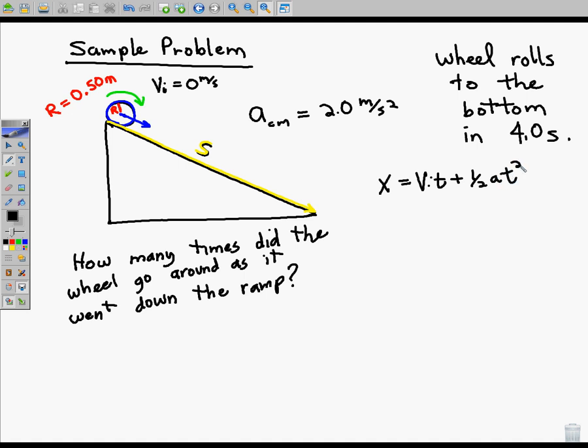So in this case, we're calling that distance x, S, down the ramp. And the initial velocity of the wheel going down the ramp is 0. So it's 1/2 the acceleration, which is 2 meters per second squared, times the time squared, which is 4 seconds squared. So that distance down the ramp is going to be 16 meters.